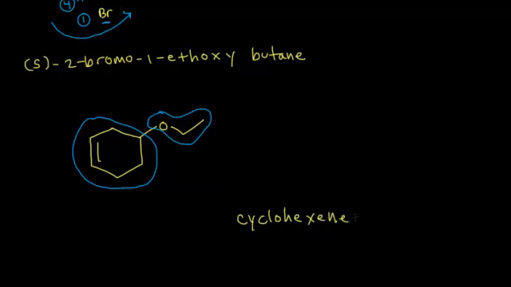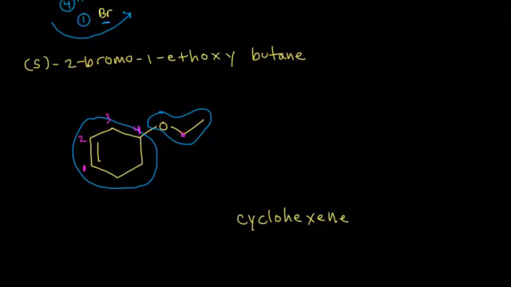I now need to number my ring to give my alkoxy substituent the lowest number possible. Right? So if I wanted to number my ring to give my alkoxy substituent the lowest number possible, I should start here and make that 1, 2, 3, and 4, like that. So we think about what is that alkoxy substituent. It is an ethoxy group, right?